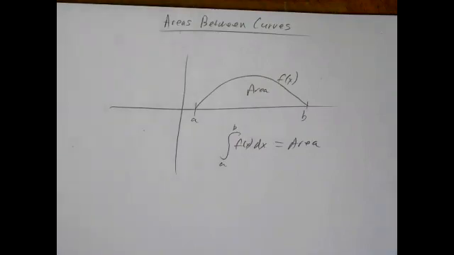All right, but the area that you're looking for will not always be conveniently defined as being an area between a curve and the x-axis. That will not always be the case.